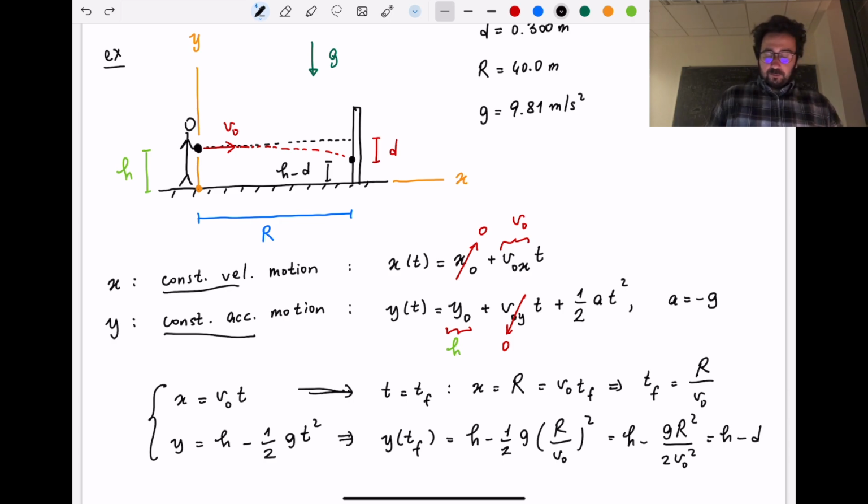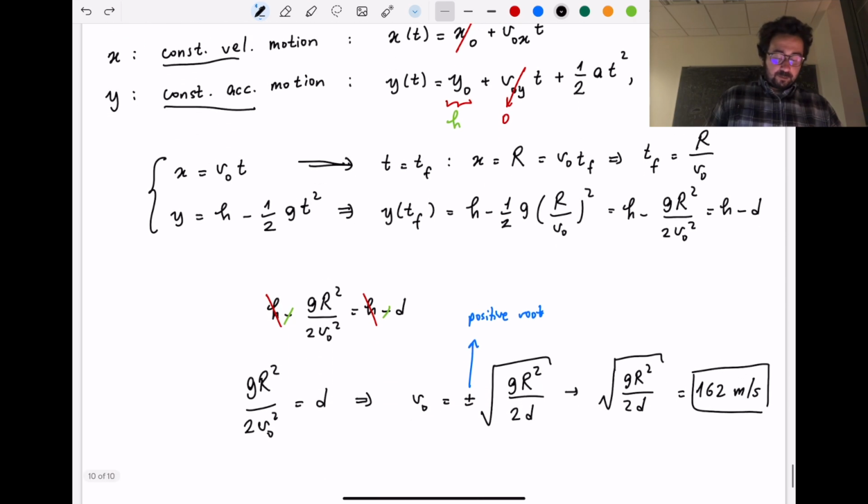And using the given information, step by step we eliminated some of the variables, which is time to begin with, because we don't deal with time here, and we have arrived at the conclusion that the initial speed of this arrow is 162 meters per second.